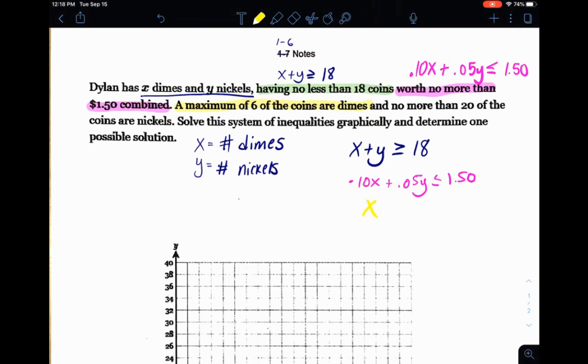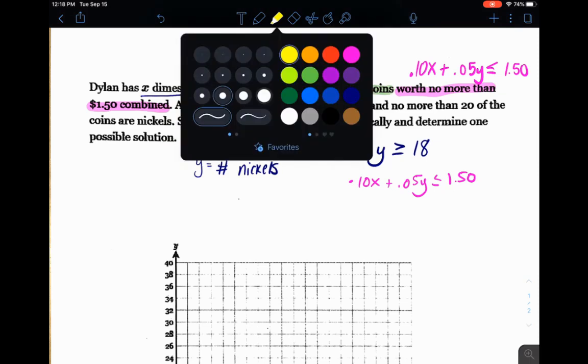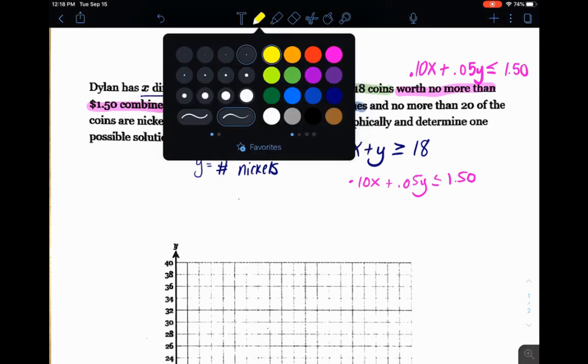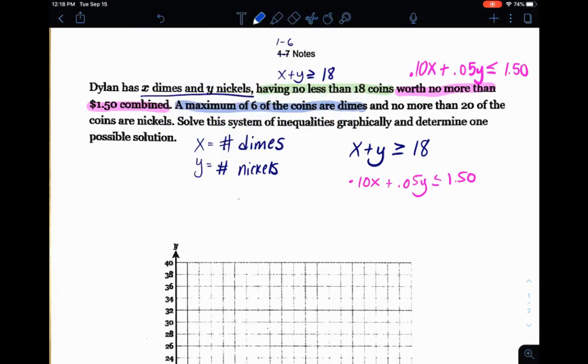X. So do we want more than 6 dimes or less than 6 dimes? Less than or equal to.